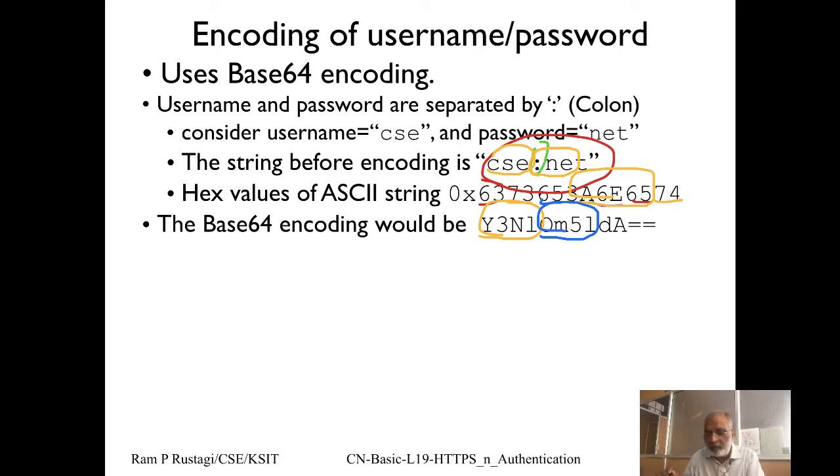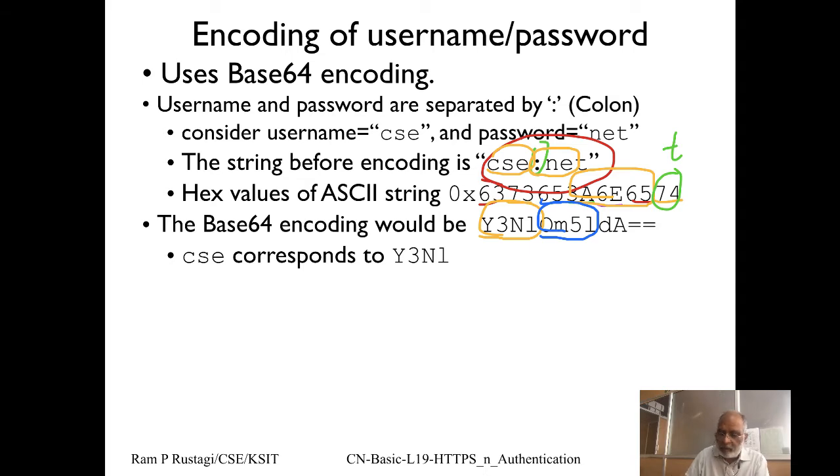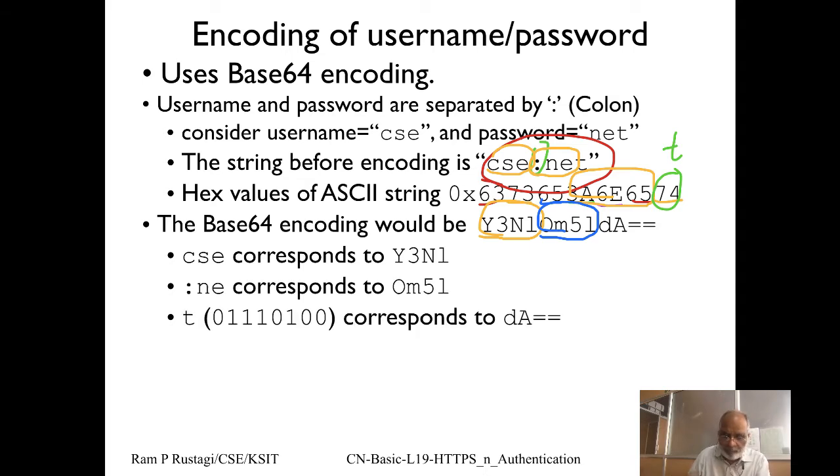Then we are left with the letter T, which is encoded as 74. If we look at 74, the binary is 01110100. If we take 6 bits at a time, the value is 16 plus 8, 24, plus 5, 29.